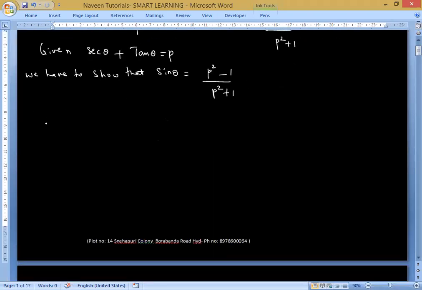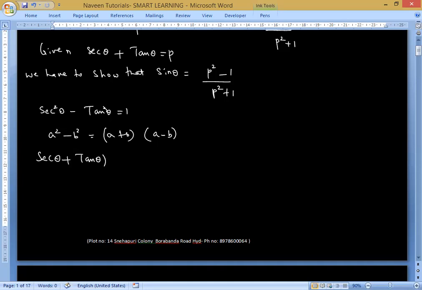So I'll use the second identity, secant square theta minus tan square theta is equal to 1. I'll write this in the form of a square minus b square, so a plus b into a minus b. Then secant theta plus tan theta into secant theta minus tan theta is equal to 1.